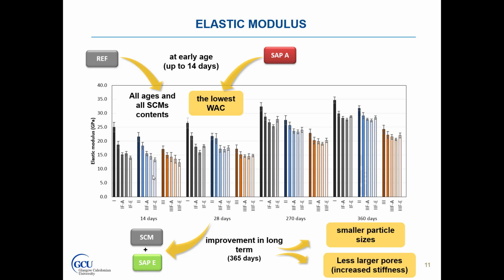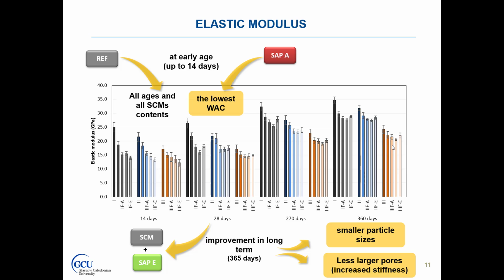However, the negative effect of SAP addition is more marked at early age, at 14 days, and is slightly decreased at 28 days. This effect is reduced later, as you can see, due to further hydration facilitated by internal curing of SAP.